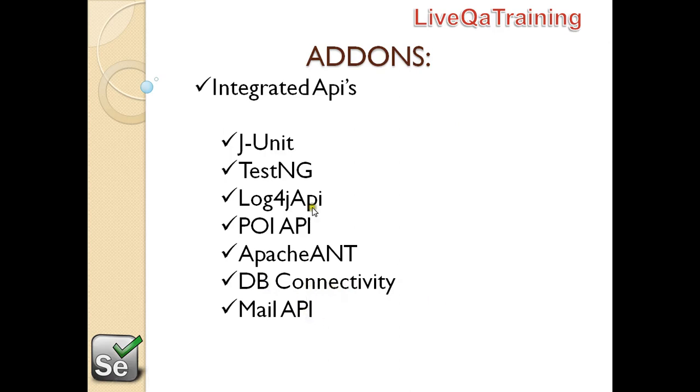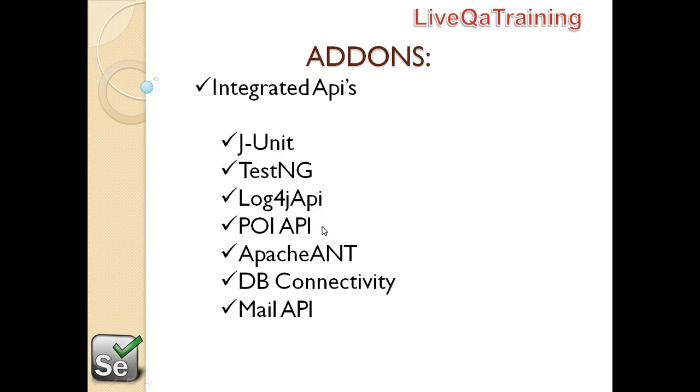And after your execution is done, I want to automatically send an email to my test manager saying that this many test cases have passed and this many have failed. Selenium doesn't support it, so we have to integrate Selenium with another API called Mail API.